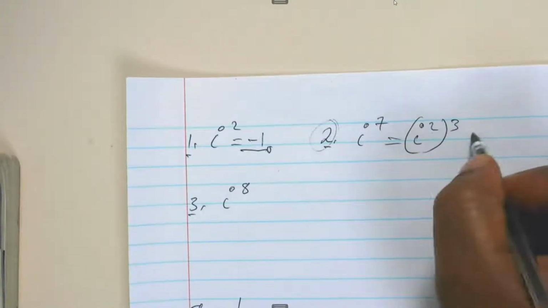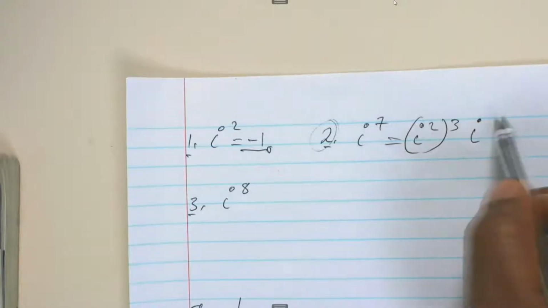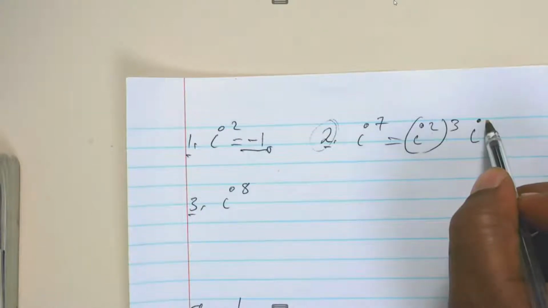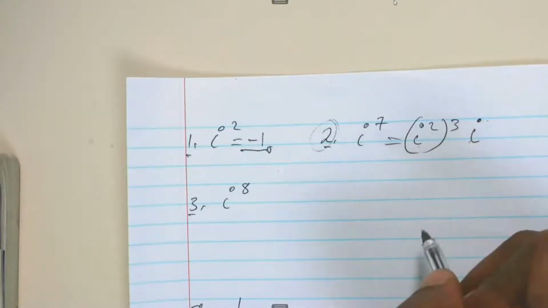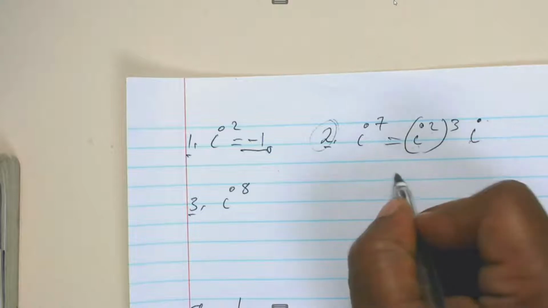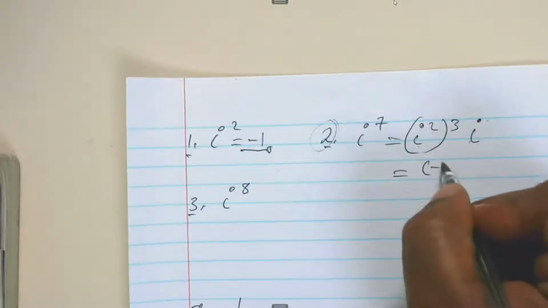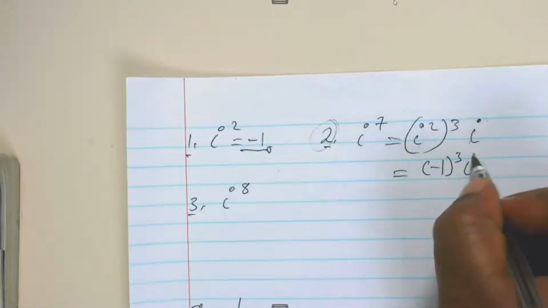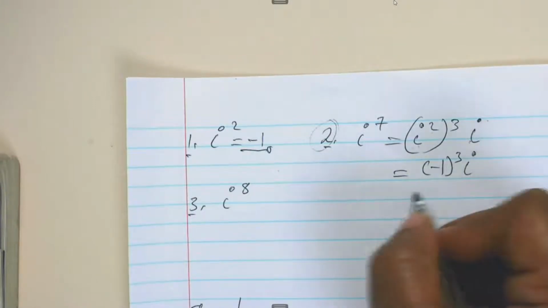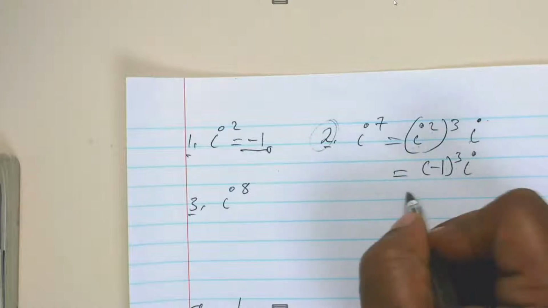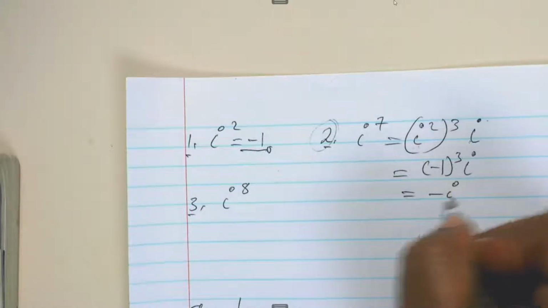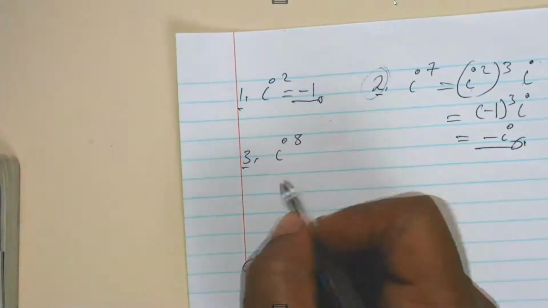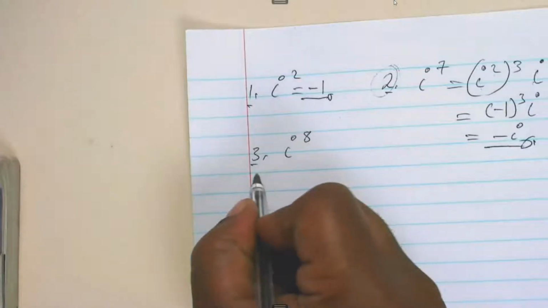So it means here we are going to have i with another exponent of 1, because when you multiply common bases, you add the exponents. So what we are going to have here is negative 1 cubed multiplied by i, and the answer would be negative i.